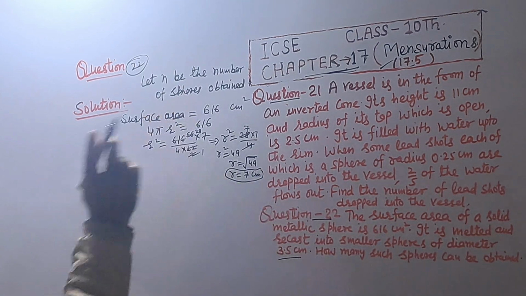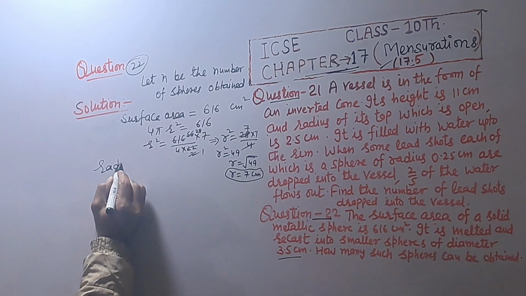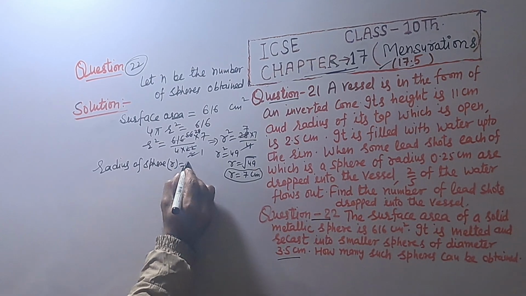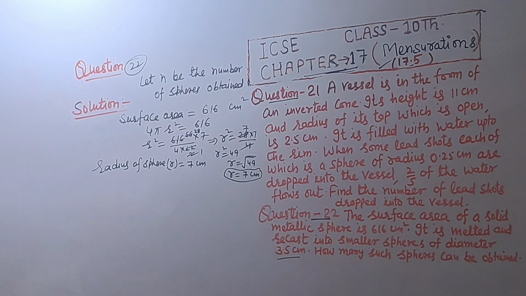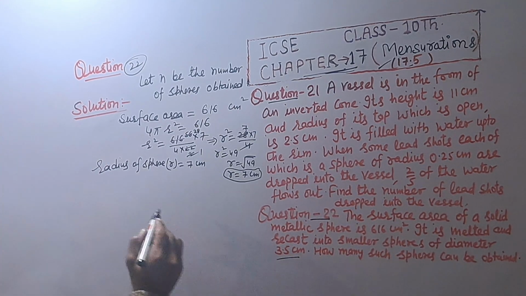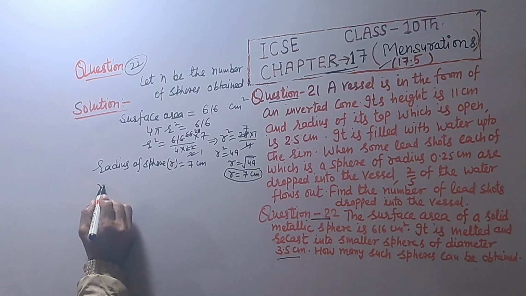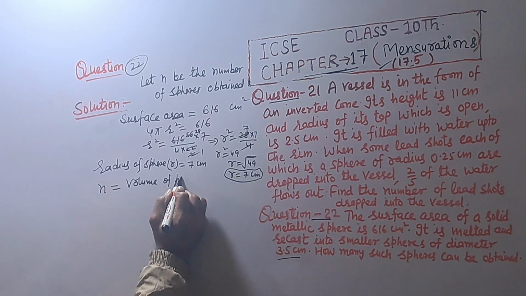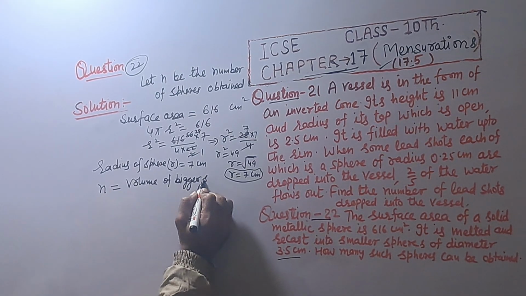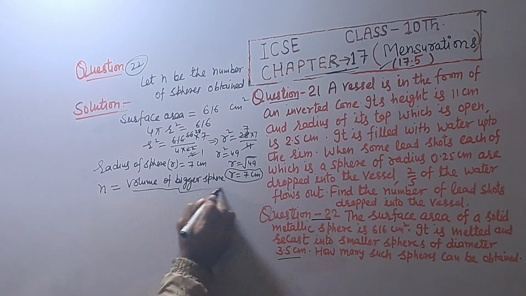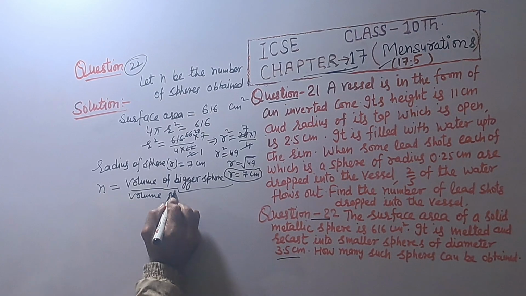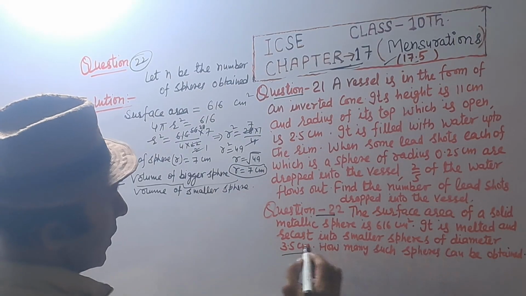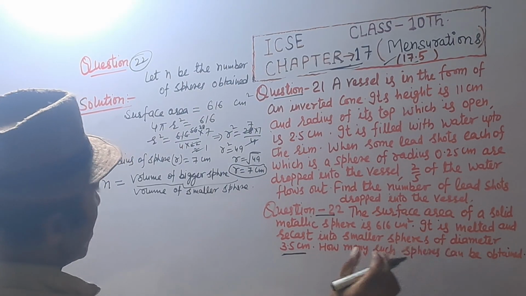Radius of sphere R equal to 7 centimeter. n is equal to volume of bigger sphere divided by volume of smaller sphere.